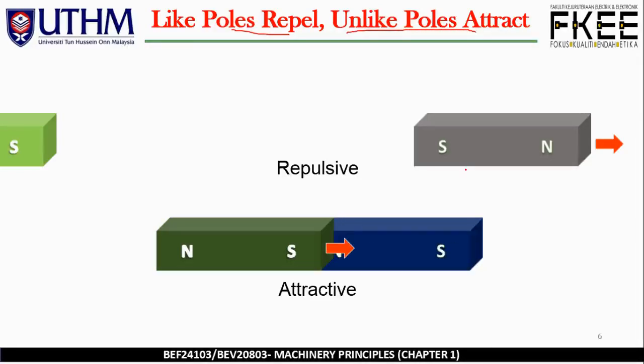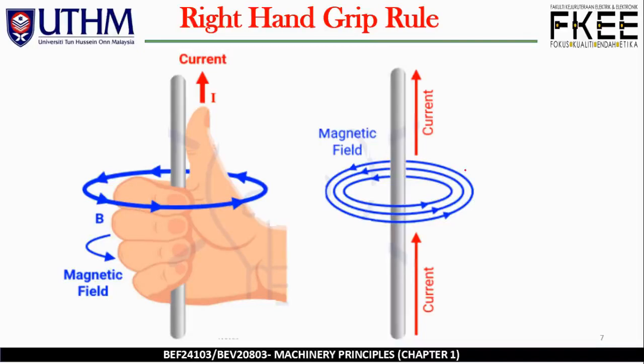Jumping over to the next slide, you see the right hand grip rule. We have our conductor over here. Inside this conductor we have a flowing current, for instance, and out of this, magnetic fields will be induced surrounding the conductor or the current.